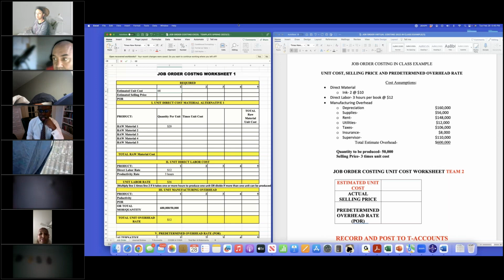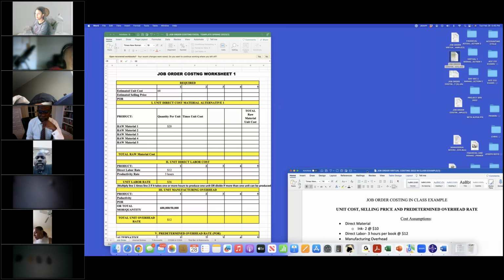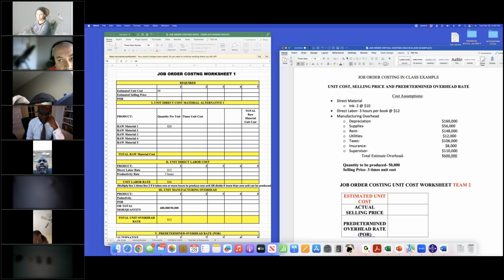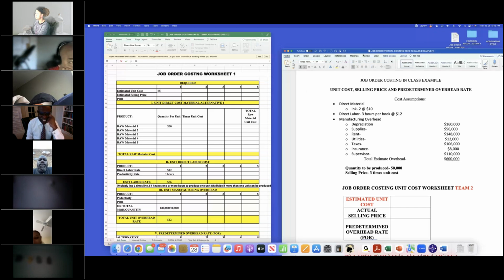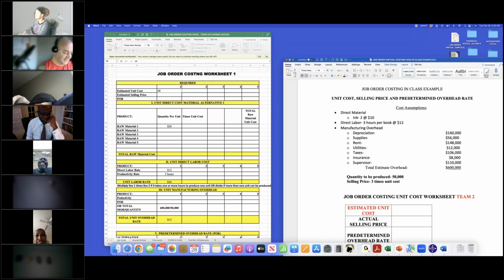So this will always change. It'll be very different on your profit next time. Okay, somebody else on Team 5, give me the selling price. $204. Not Mike. Somebody else. Can I do it? Sure.